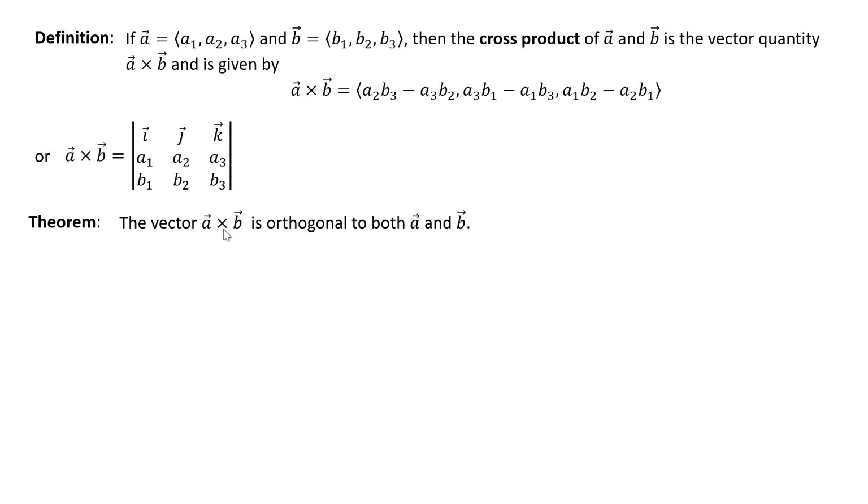So when you figure out this vector A cross B, that's going to be perpendicular to both A and B. And you really have to be cognizant of this fact, because pretty soon we are going to deal with lines and planes, equations of planes, and stuff like that. And it becomes important to know that A cross B is orthogonal to both A and B.